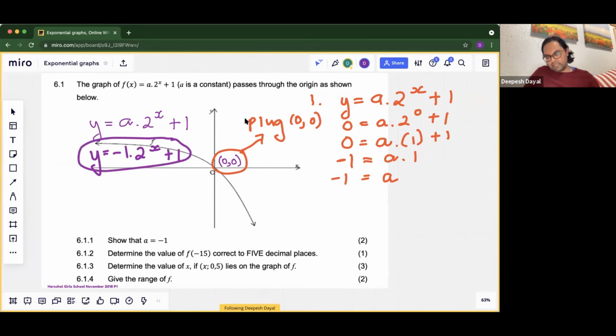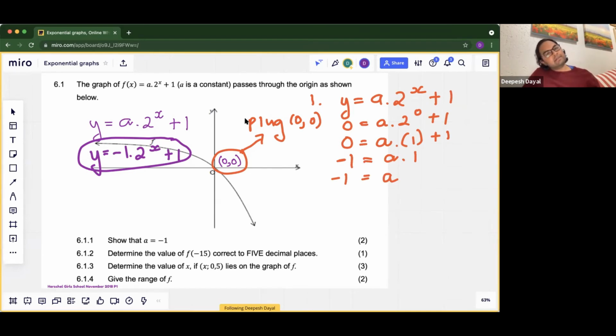This is the equation. Y equals -1 dot 2 to the x plus 1. And we've got then the final equation for this, because we've got all the unknowns now, right? And we just have x and y.